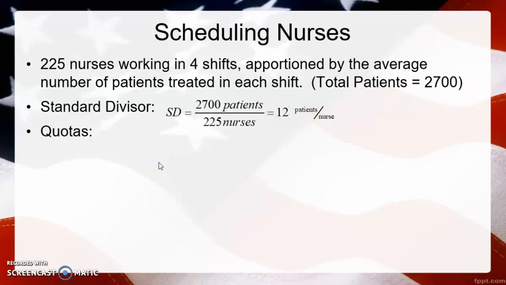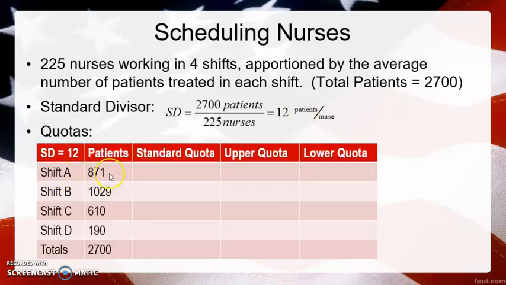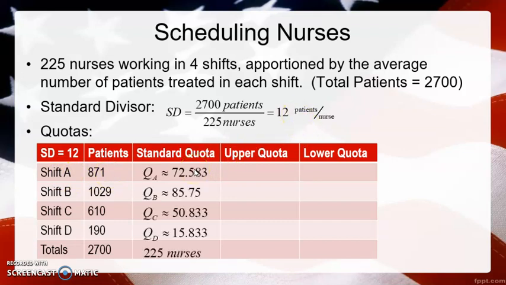To find the quotas, we then go to each state, find its population, and divide by the standard divisor. That gives us the standard quota for each state. And you will notice that if we add all of these standard quotas together, we get our total number of seats to be apportioned. Because remember, that's what a standard quota is. It tells you how many seats each state should receive.